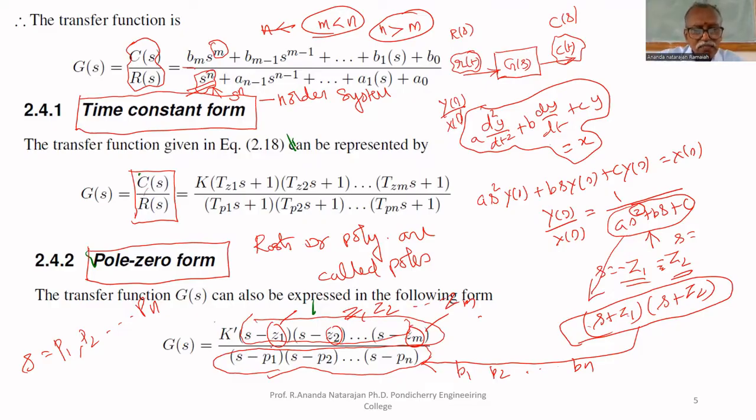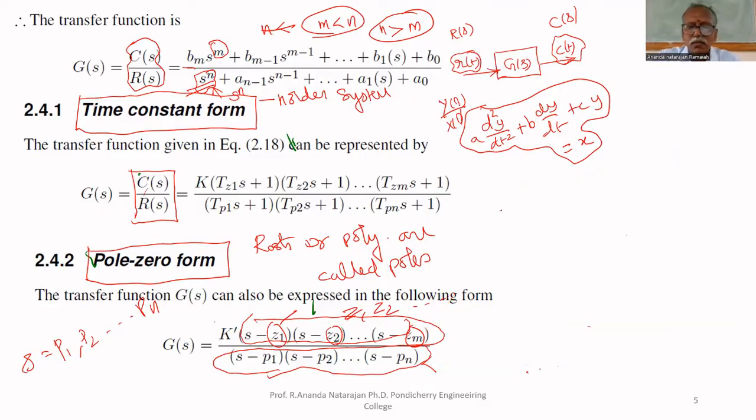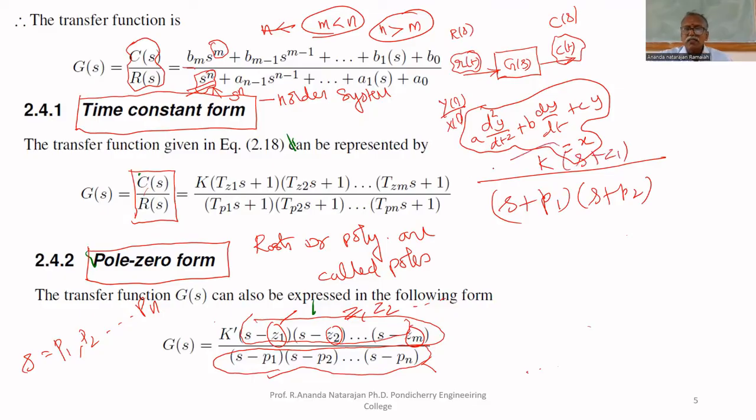If you take this P1 out of this factor, what you will get? Let us take a second order system. S plus P1, S plus P2. Numerator, you are having a K and S plus Z1. This is second order system. Why second order? Two poles are there, that's why second order. Pole zero form.